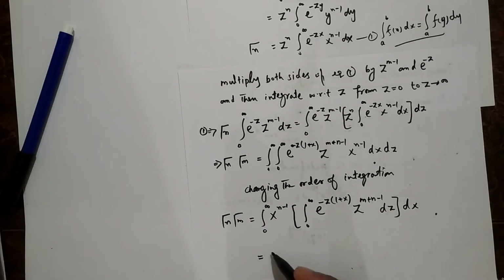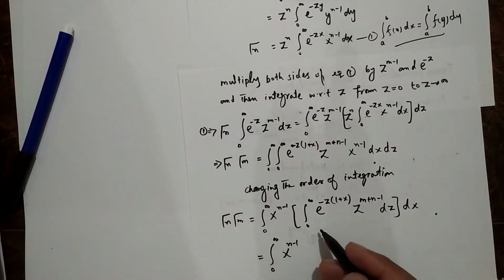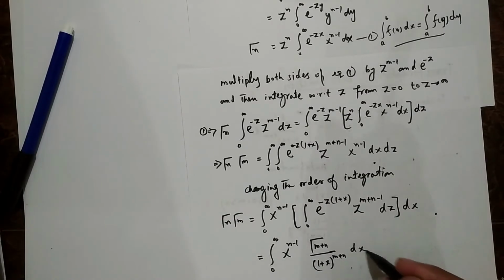Now this can also be written as integral 0 to infinity x to the power n minus 1, and this integral is actually the gamma function, gamma m plus n upon 1 plus x to the power m plus n, and here we have dx.